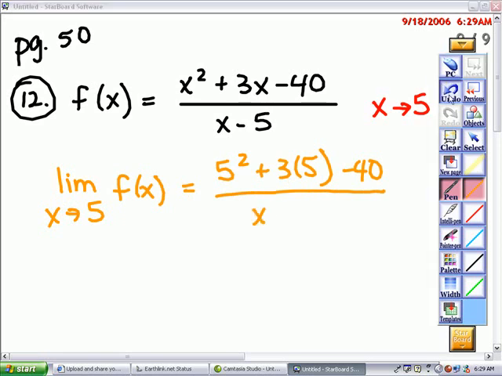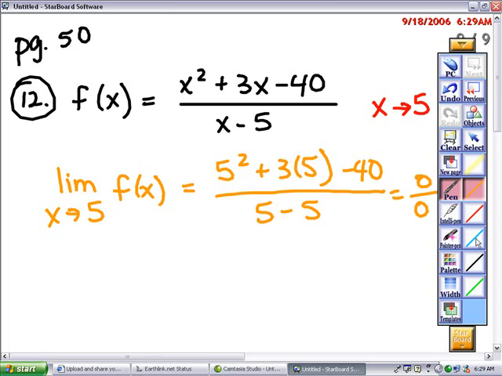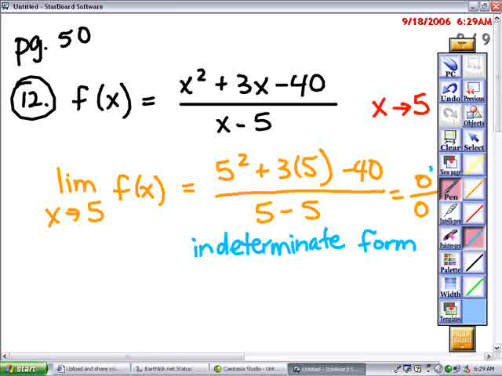So the top, 25 plus 15 is 40, minus 40 is 0. And the denominator, 5 minus 5, is also 0. And 0 over 0 is an indeterminate form. There are many other indeterminate forms that we're going to learn as we go through this class.